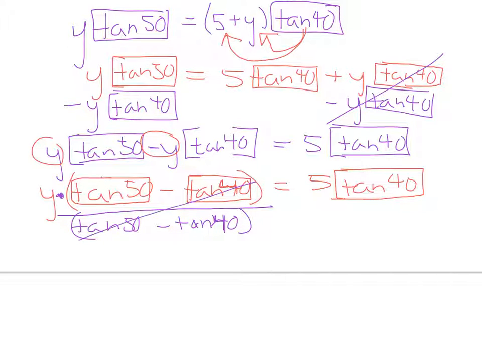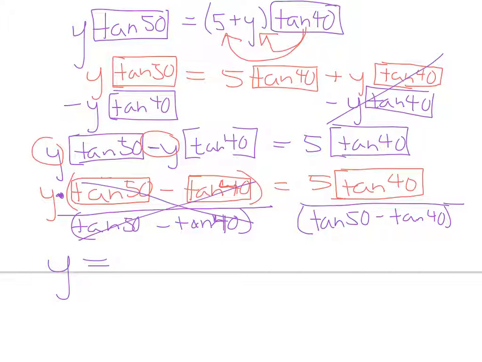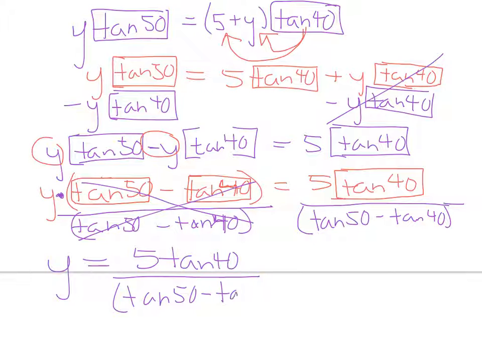That crosses each other out on one side. Whatever I do to one side, I have to do to the other. So on the other side, I'm also going to divide by the tangent of 50 minus the tangent of 40. So I have y is equal to 5 times the tangent of 40, all divided by the tangent of 50 minus the tangent of 40.